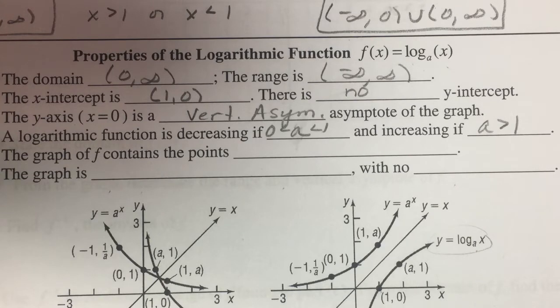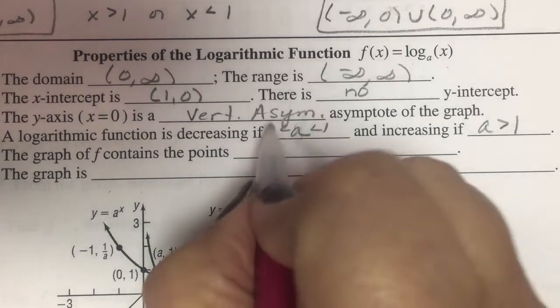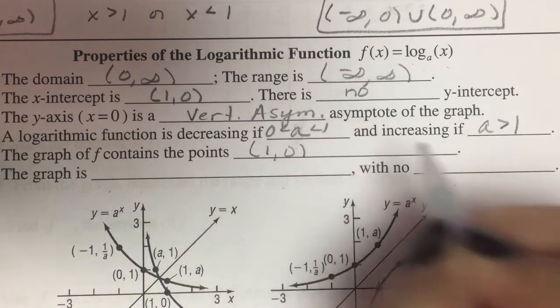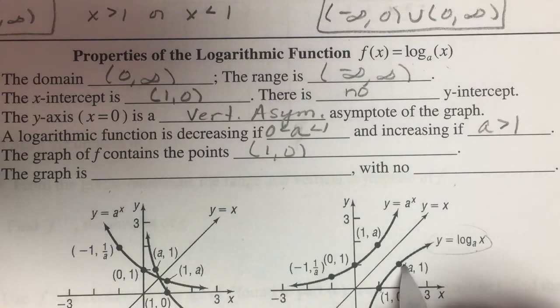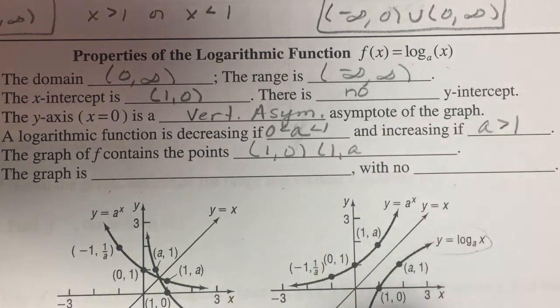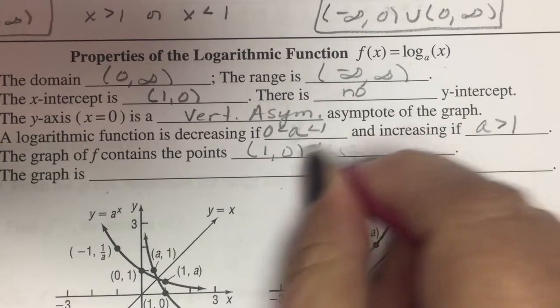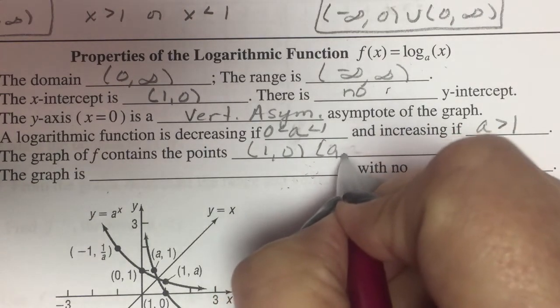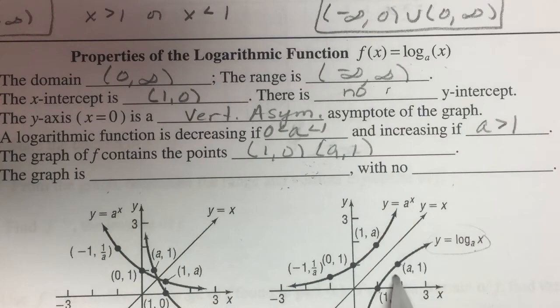The graph of f contains the points... well, it'll contain the point (1, 0). Oh, I'm sorry. Actually, let me see. This is the log. It's going to contain the point (a, 1). Knew that didn't seem right.